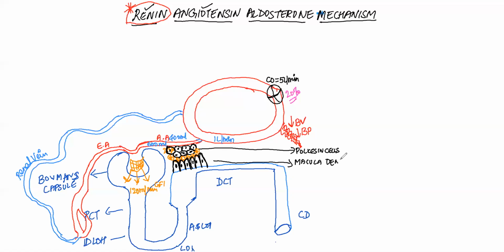Now, why am I talking about this? The reason I'm talking about this is because when you connect the Bronchus cells, the connective tissue, and the macula densa together, they form a unit which is referred to as the juxtaglomerular apparatus.